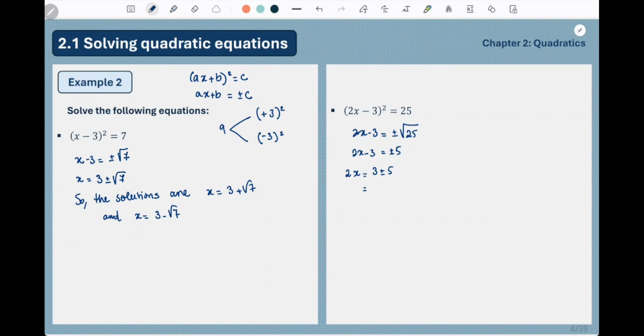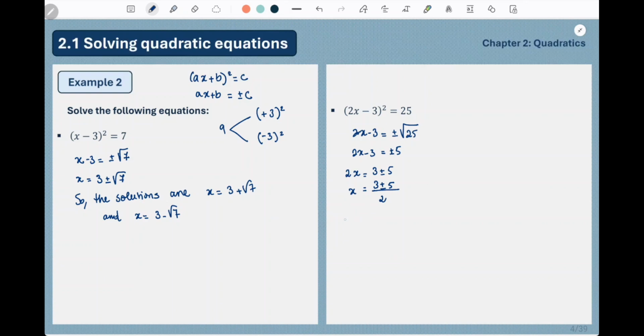And then I'm gonna solve for x, so I'm gonna divide both of them by 2. On the left hand side remains x, and on this side we have this expression which we will compute in a second.